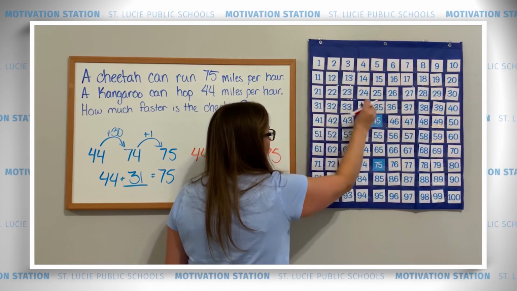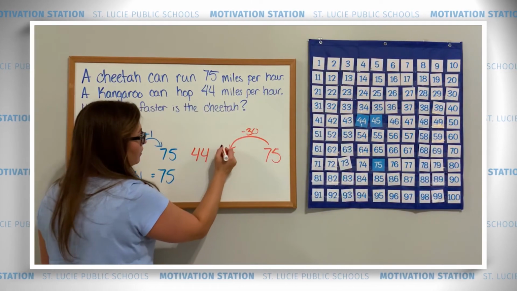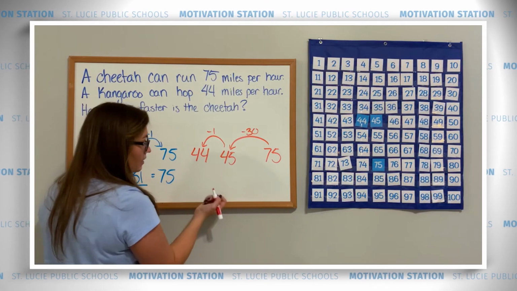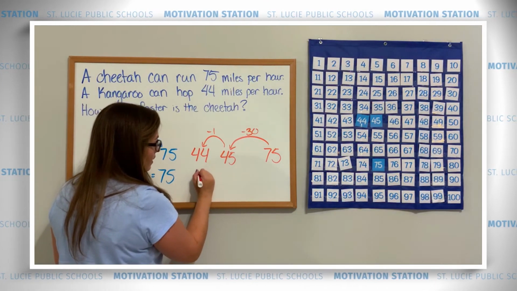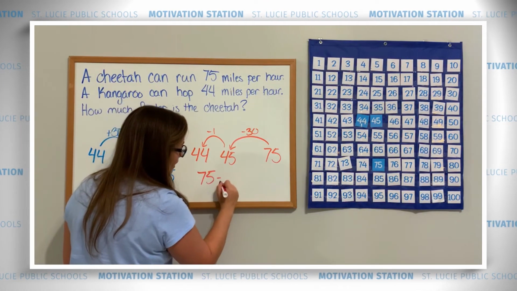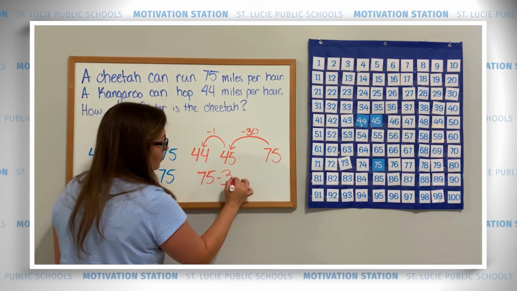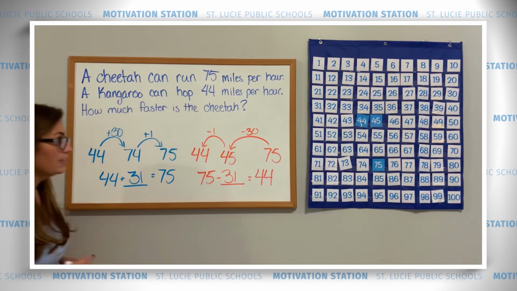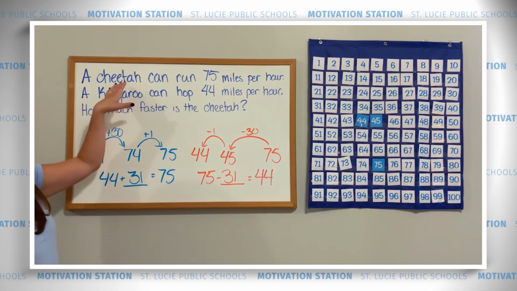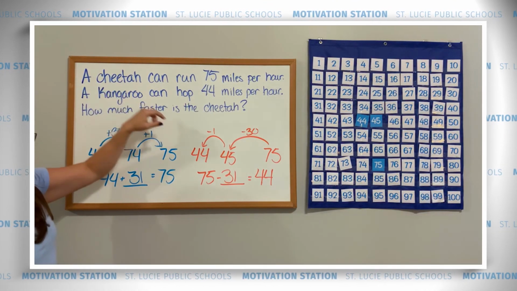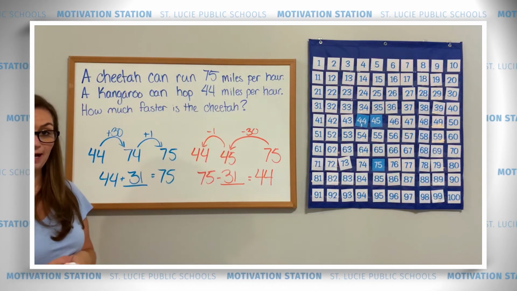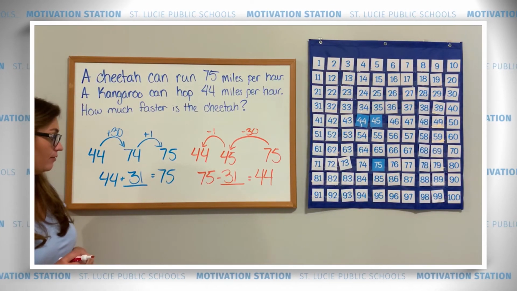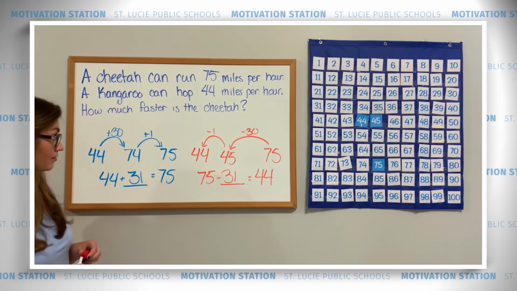And then I can go one more to get to 44. So this would be minus 1 to get to 44. The answer, though, is still going to be the same. 75 minus 31 equals 44. The difference in speed between a cheetah and a kangaroo is 31 miles per hour. We've shown it with addition and we've shown it with subtraction.